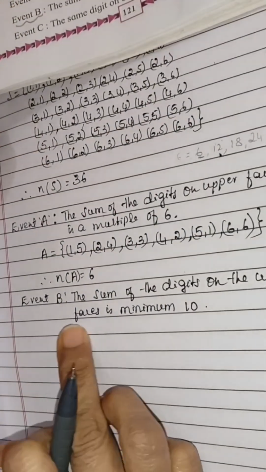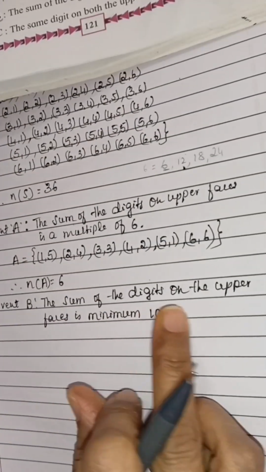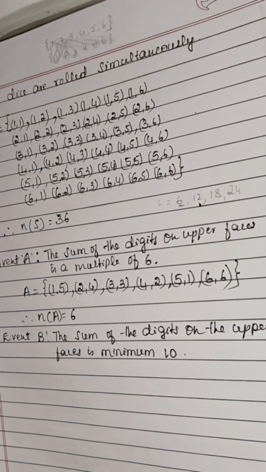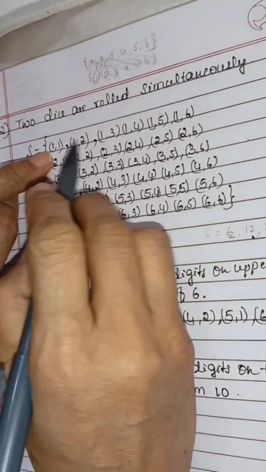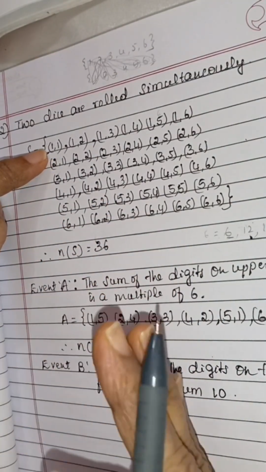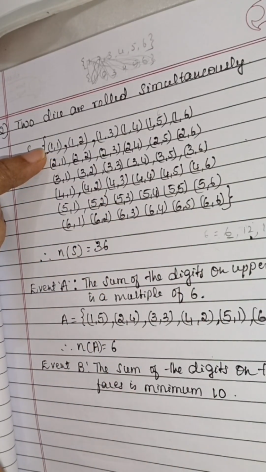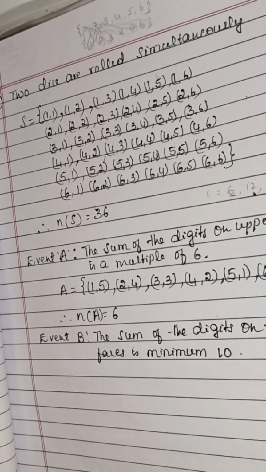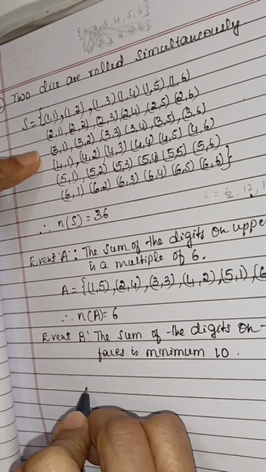What does the event say? The sum of the digits on the upper faces is minimum of 10. Minimum of 10 means what? When we add these two digits, minimum of 10 has to come. 11 is okay, 12 is okay, but not less than 10. So now we have to write event B.